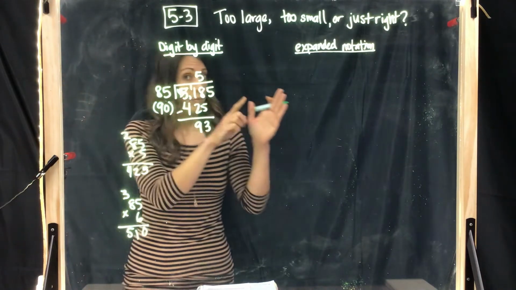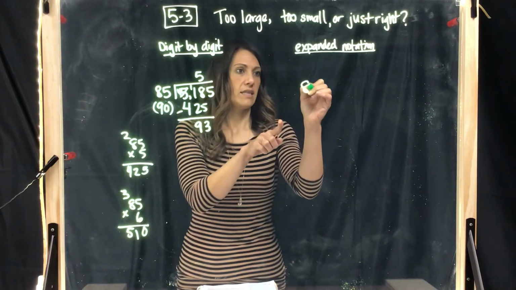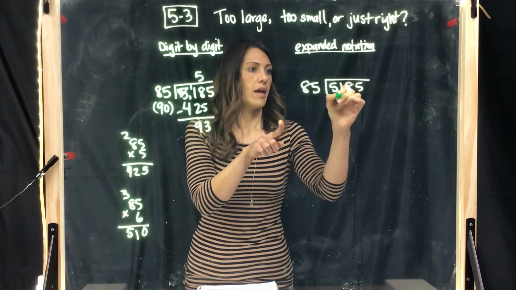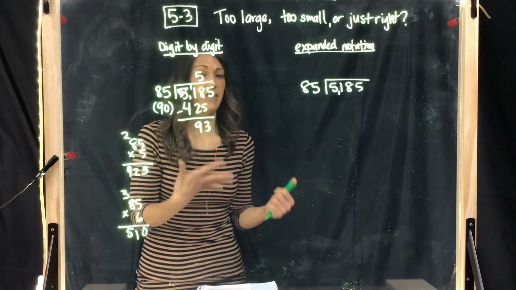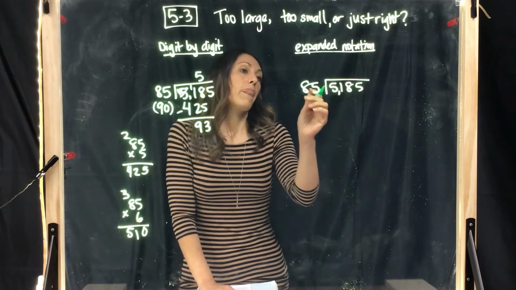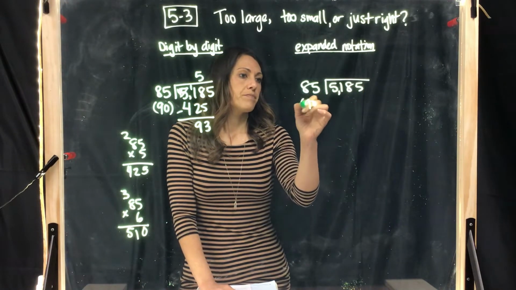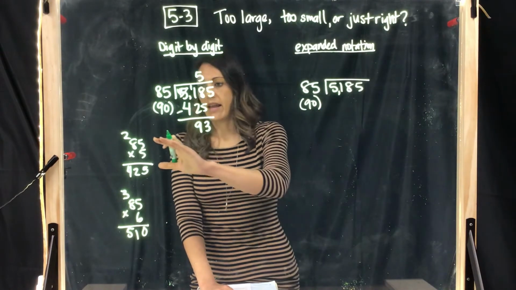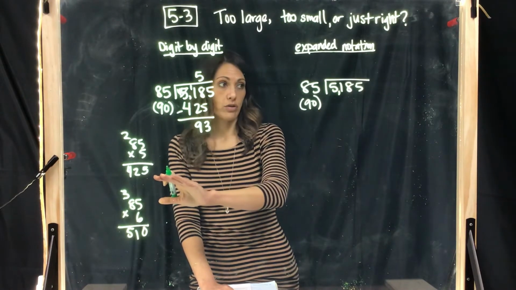This could get you kind of messed up with digit by digit. So I'm going to move here to expanded notation. I'm going to take this same problem, and I'm going to use expanded notation. I'm going to use 5 again, even though I know that it can go in 6 times. So again, with expanded notation, I'm thinking that this would be 90, and I know for a fact that 85 times 5 is 425.